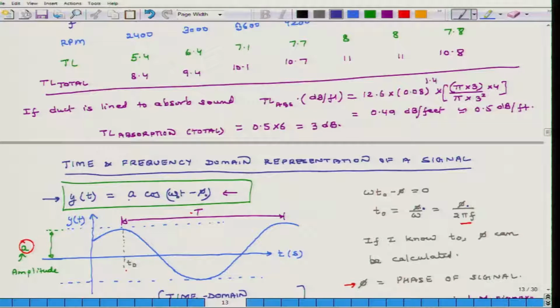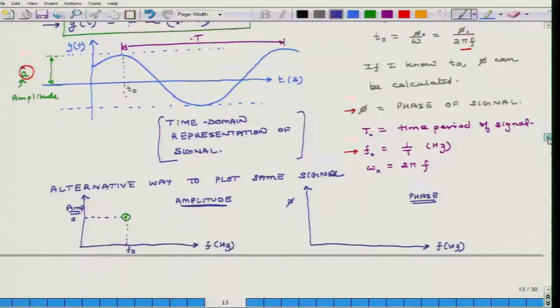So, I am going to plot this phi naught. Okay. So, at which frequency? F naught, and at f naught the phase of the signal is phi naught.